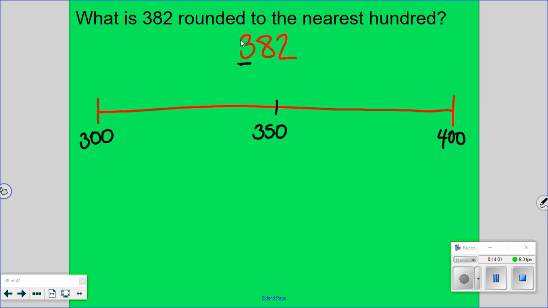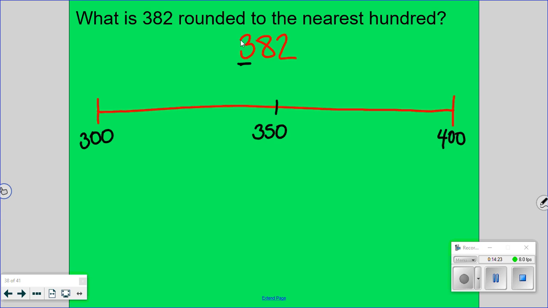Okay. So I'm going to add on to Paxton. How does he know that 350 is the midway point? Because we're counting by the nearest 100.